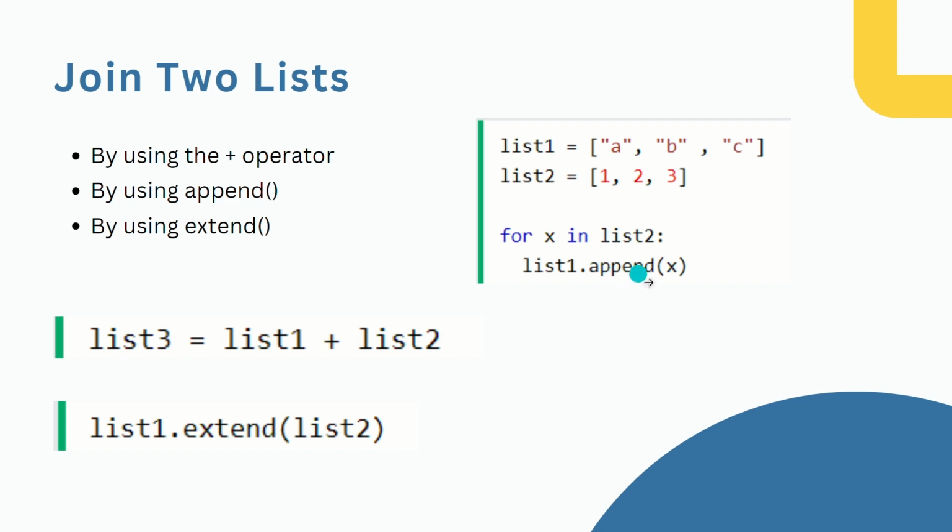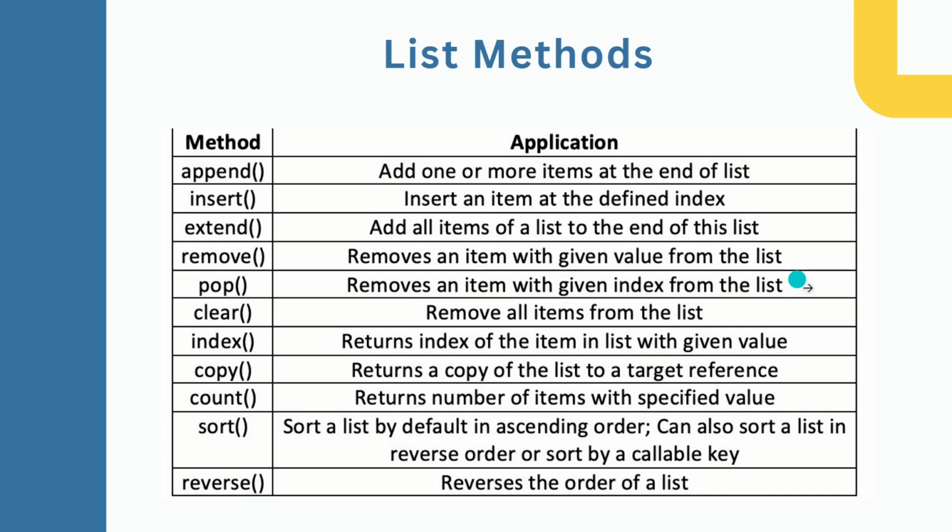We just saw what append is and how it works. You can also use this to join two lists, because if you loop through the second list and append each element to the first list, it will automatically join the second list to the first list. So this is how you can join two lists.